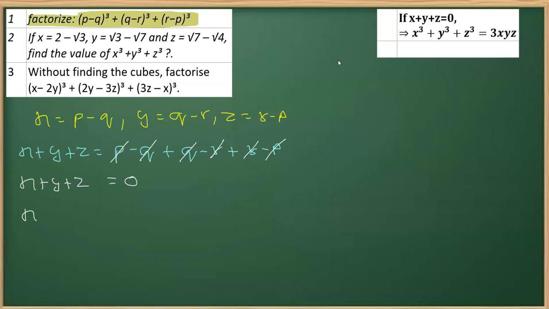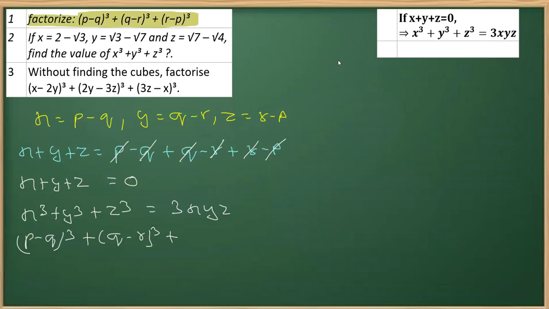And we know that in that case, we can write x cube plus y cube plus z cube is equal to 3xyz. Now replacing x with p minus q, y with q minus r, and z with r minus p, the cubes should give you 3 times p minus q, q minus r, and then r minus p.